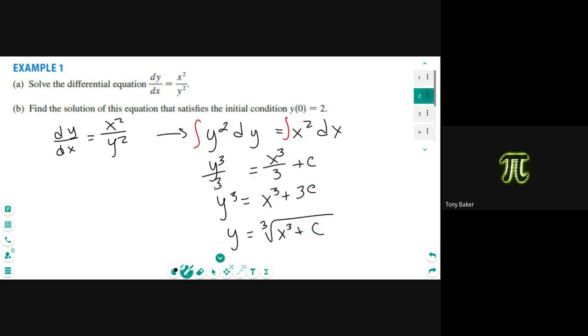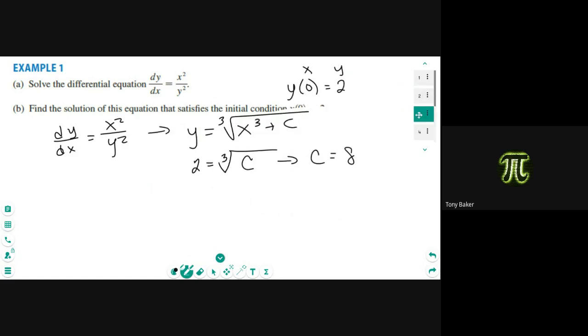If c can be anything, if I multiply by 3, it still can be anything, right? So that's why I didn't need to have that 3. If it confuses you, just change the letter. Make it k. That's typically what the book does. So with that initial condition, I now have my exact answer.